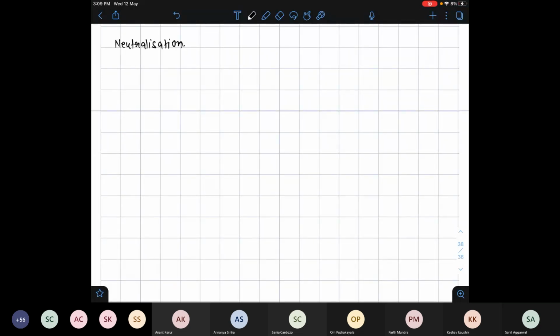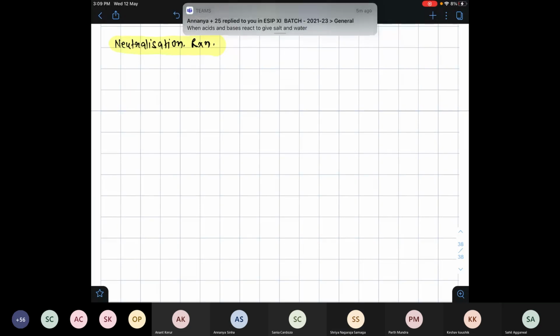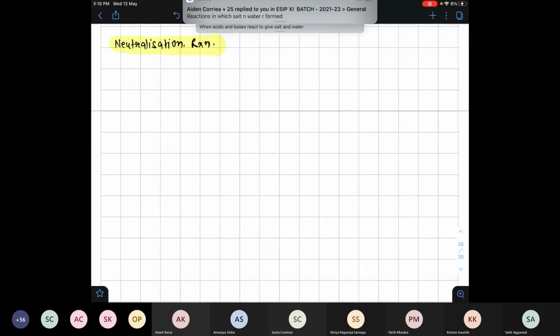What do you mean by neutralization reaction? The reaction of an acid and base is called as neutralization reaction. Okay. Anything else?